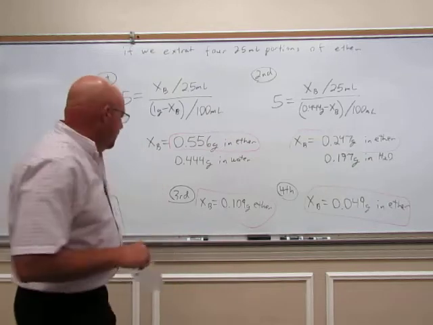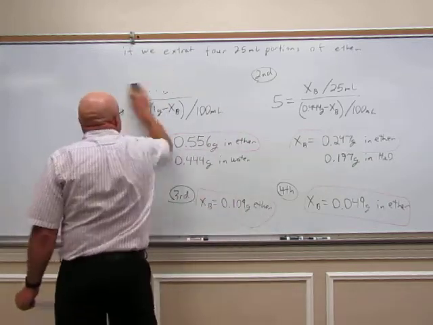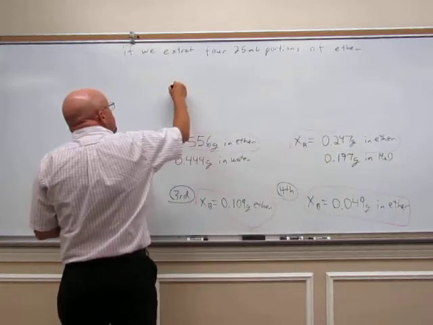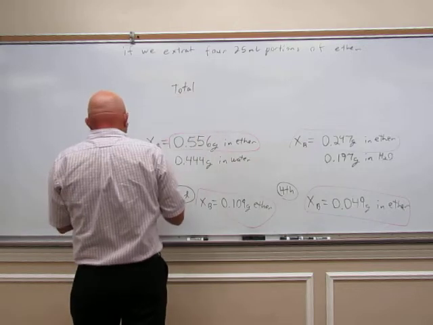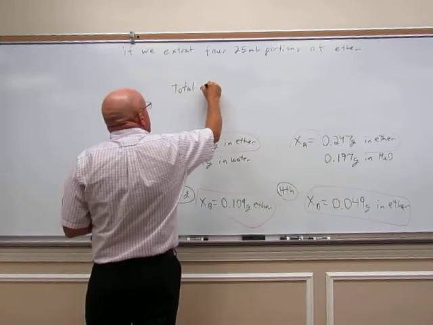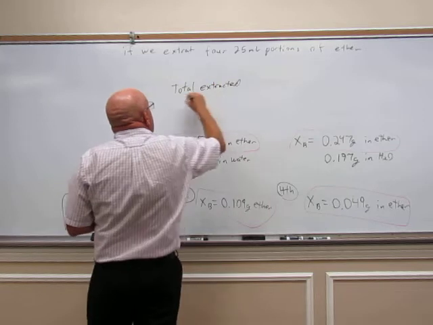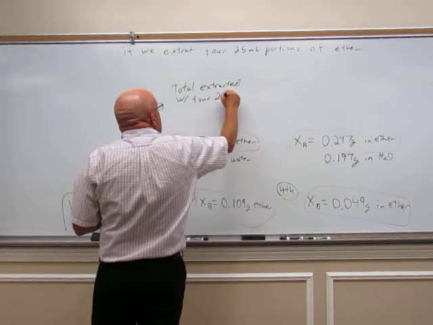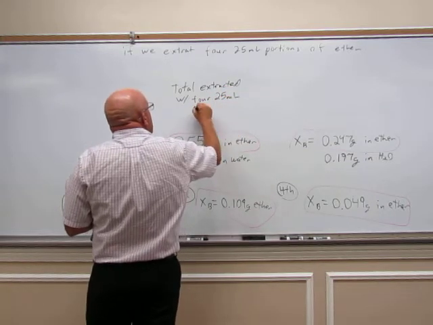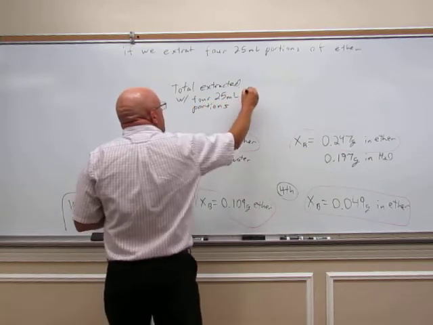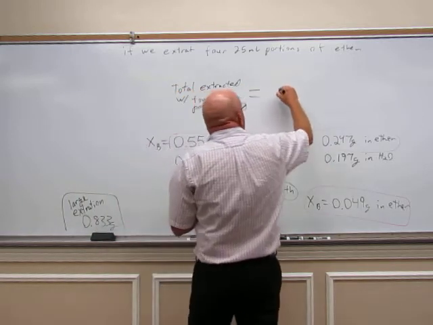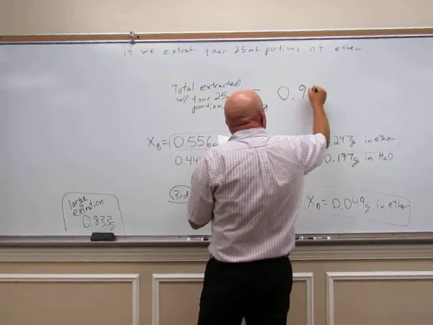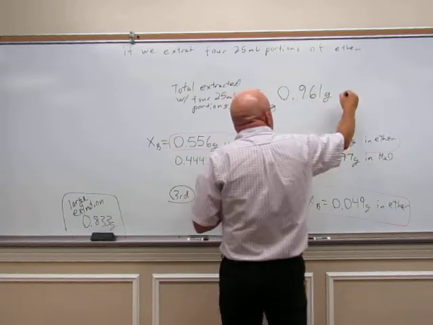If you total those up, 4 small extractions of 25 mils each, we've extracted 0.961 grams.